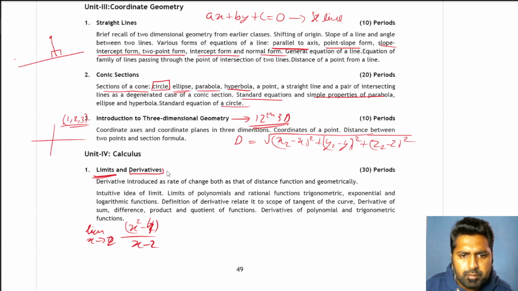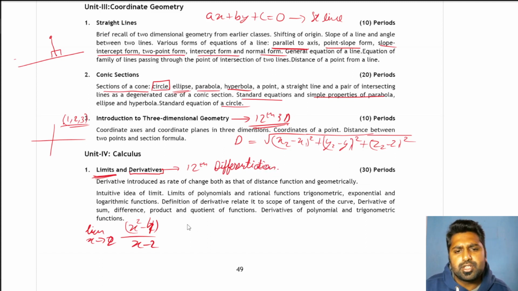Derivatives we will combine again with 12th differentiation. There's no point in doing this separately. This will be combined together with 12th differentiation. So limits we will do, derivatives we will do in one single go with 12th differentiation.